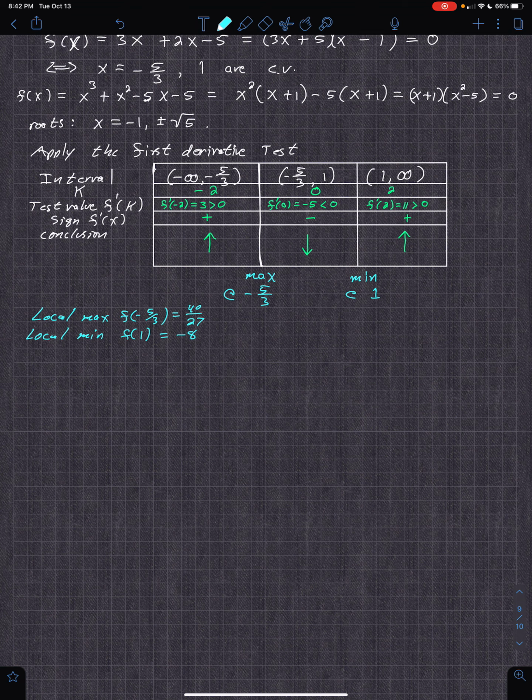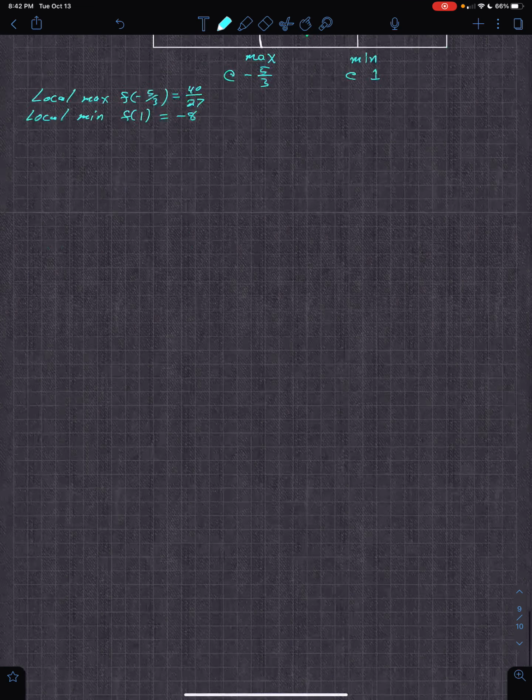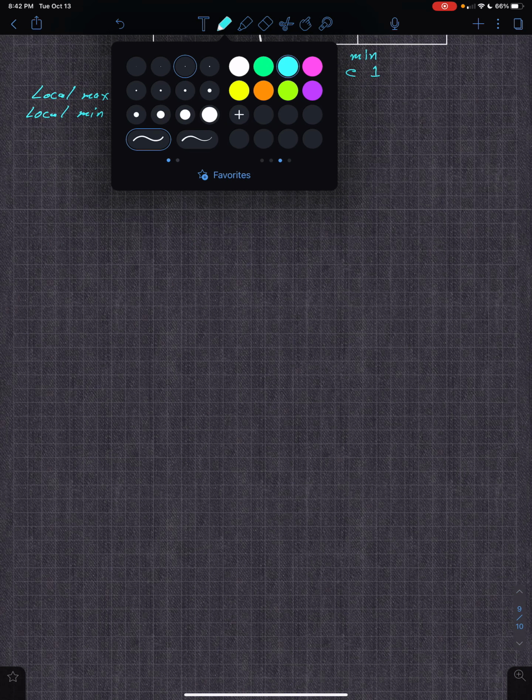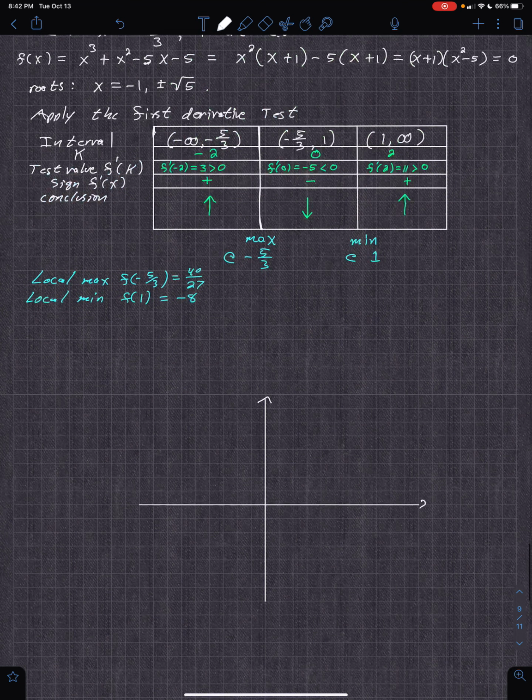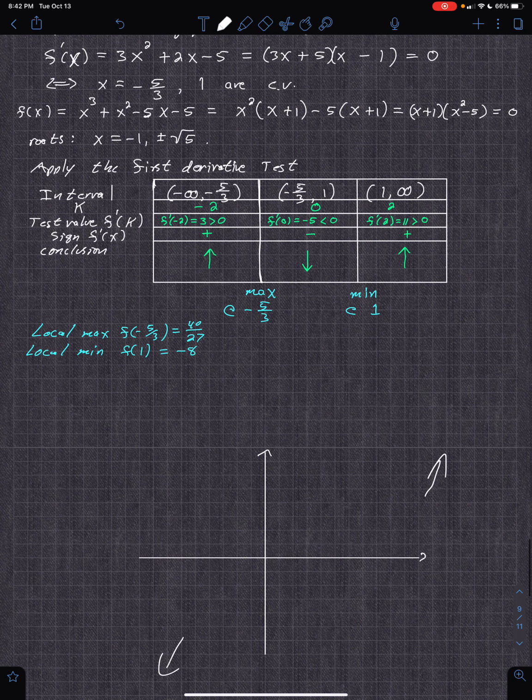Okay, the next thing is to graph that. So we're going to graph it down here, and we label in all those points. We also know basically what the function looks like. It's a polynomial, so it's going like that because it's a cubic.